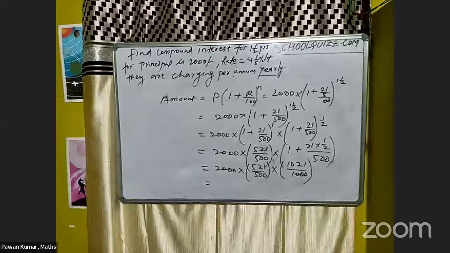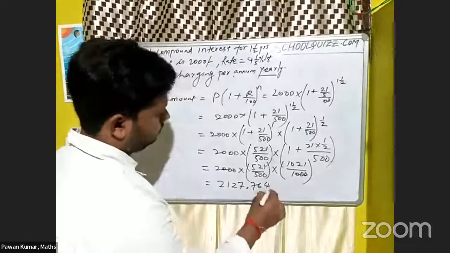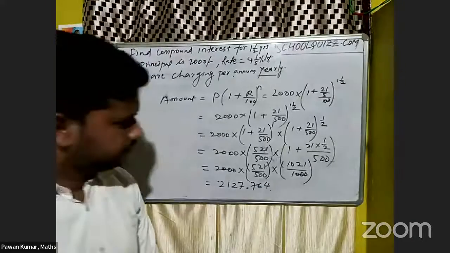So how much are you getting here? Two... 2127.764. Okay.